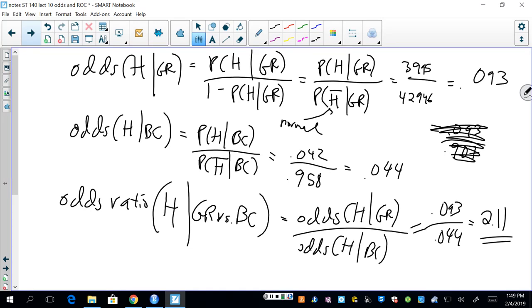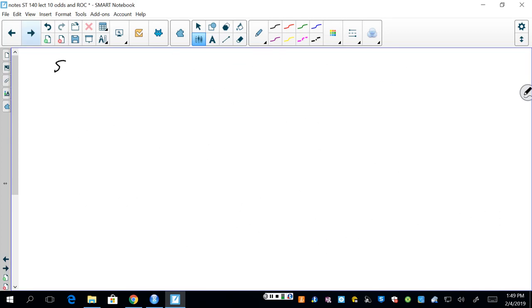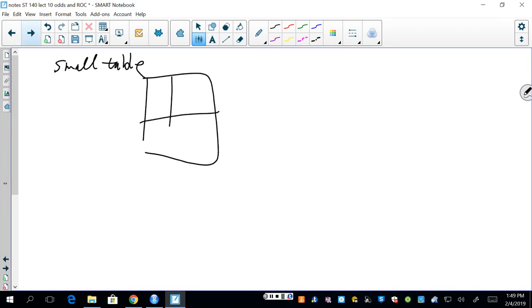One thing that's nice about this is that you get the same odds ratio even if you use that other table. That other table, by taking a ratio of a ratio, ends up eliminating the fact that there's a disproportionate sampling. In the small table, we had hip versus no hip, golden retrievers, border collies. That small table had 189, 42, 358, and 11.